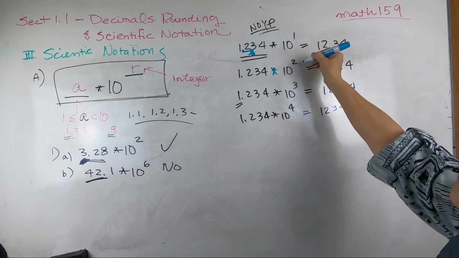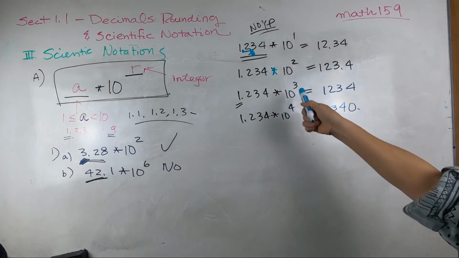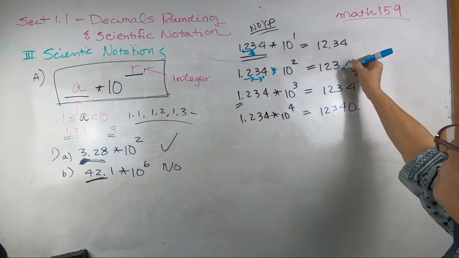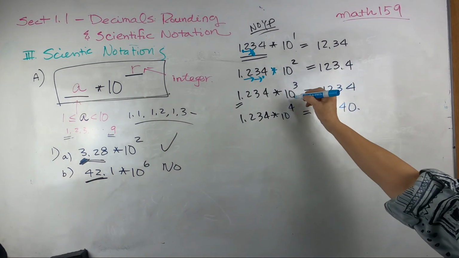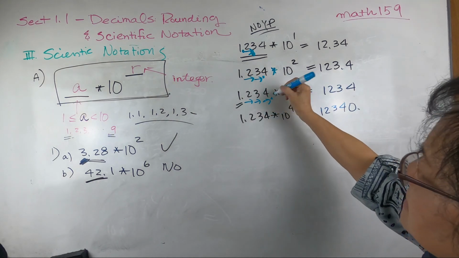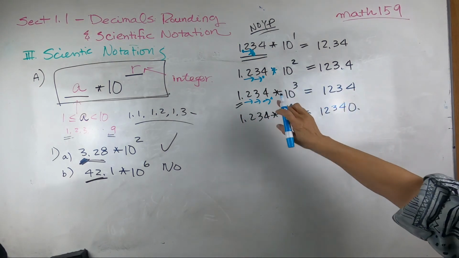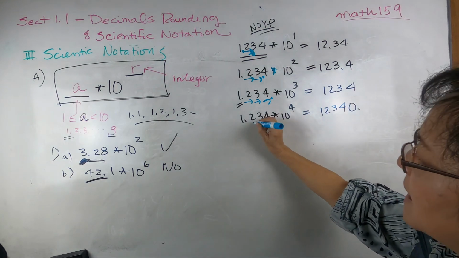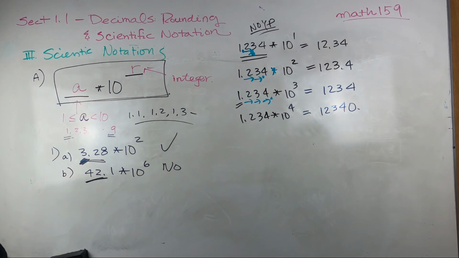Then if you times 100, 10 to the second power, you move how many places? 2 places. If you times 10 to the third power, you move how many places? Become 1, 2, 3, 4. 3 places. If times 10 to the 4th power, how many positions should you move to the right? 4 times.